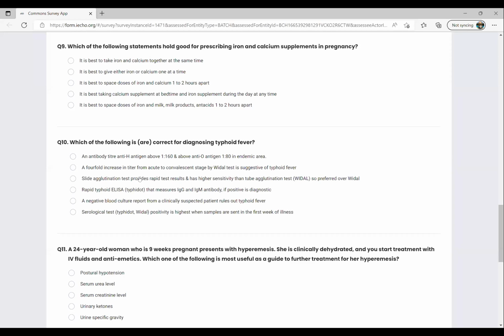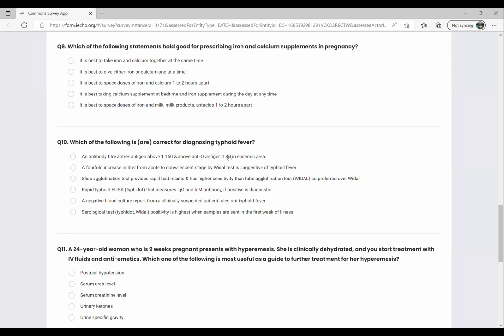Next question is about which of the following are correct for diagnosing typhoid fever. This is the season, and we are seeing a rise in typhoid fever. There are a number of tests now, serological tests available, blood cultures are also available, but very often we do not know the correct interpretation of these tests. The moment we see H antigen 1:160 and O antigen 1:80, the treatment for enteric fever is started.